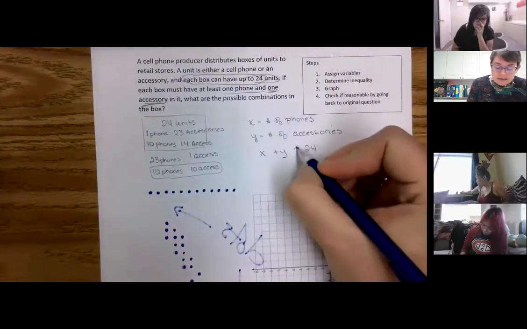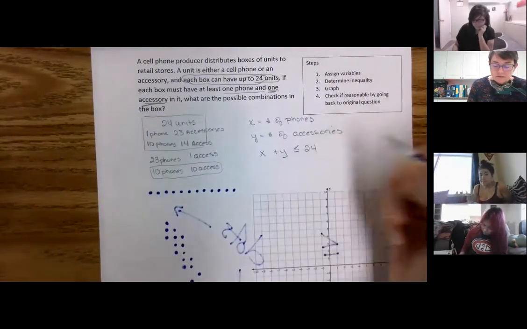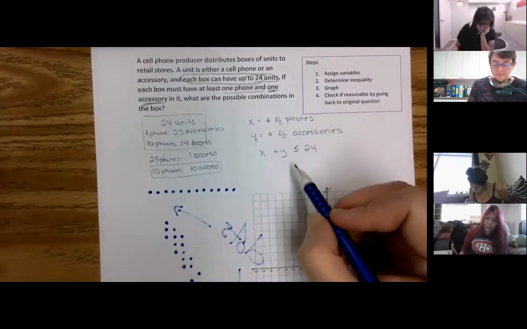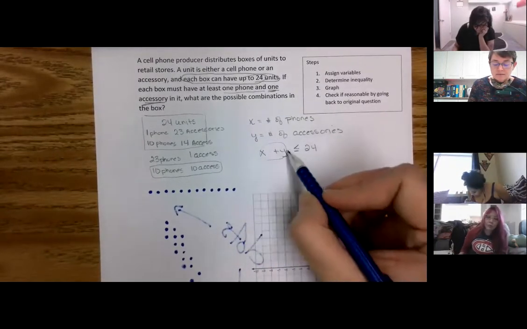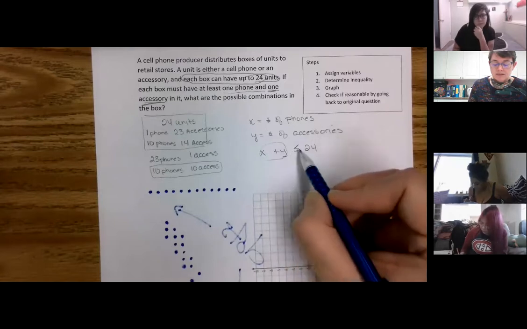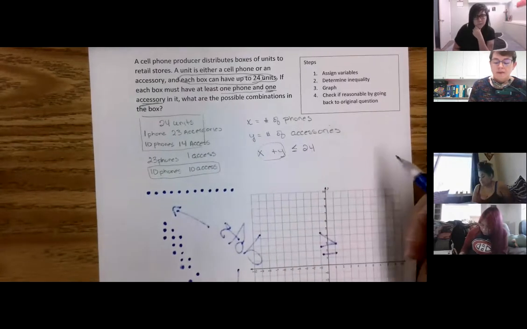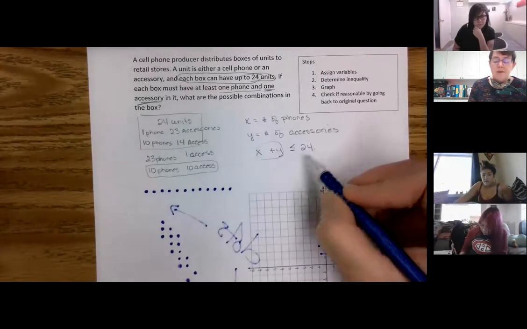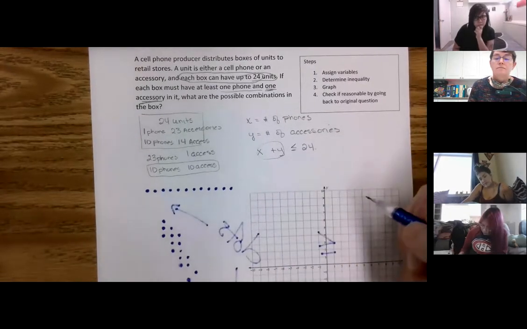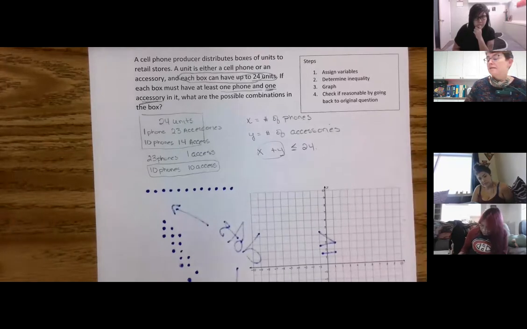It's going to be a less than or equal to. That means the sum of these two, phones and accessories, is always less than or equal to 24. Or in my brain, 24 is always bigger than this one. And there's our equation that we need.